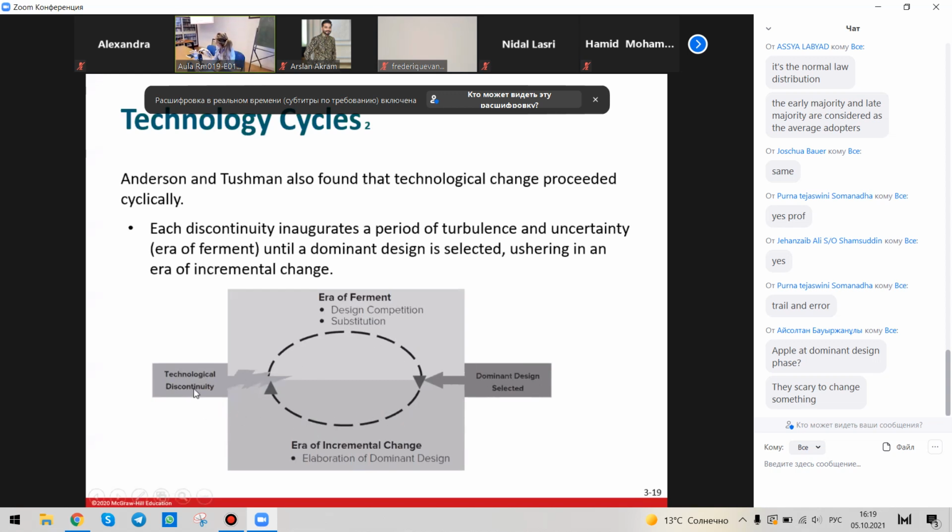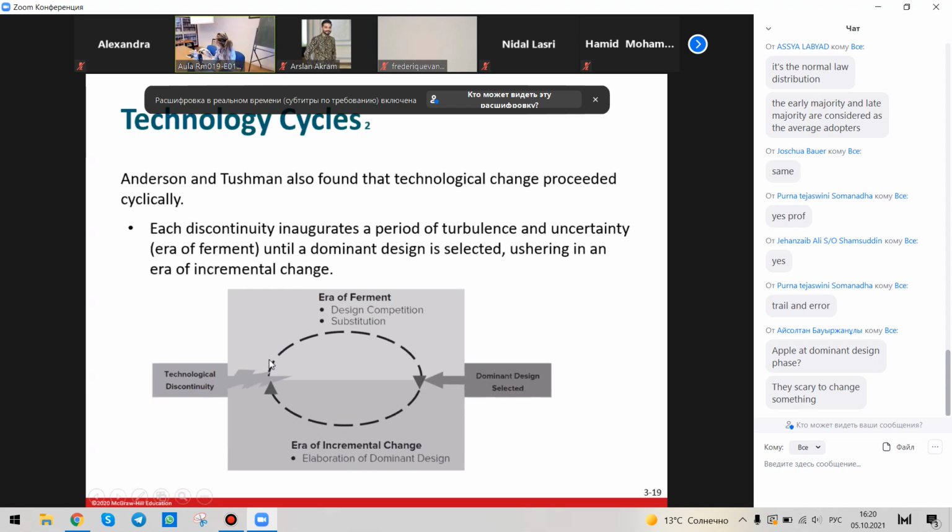We have two different elements that give rise to each of these two. On one side, we have technological discontinuity, which starts the era of ferment, or the fluid phase, or the uncertainty phase, or the era of competition on the design, on the standards, and substitution of the old standards.